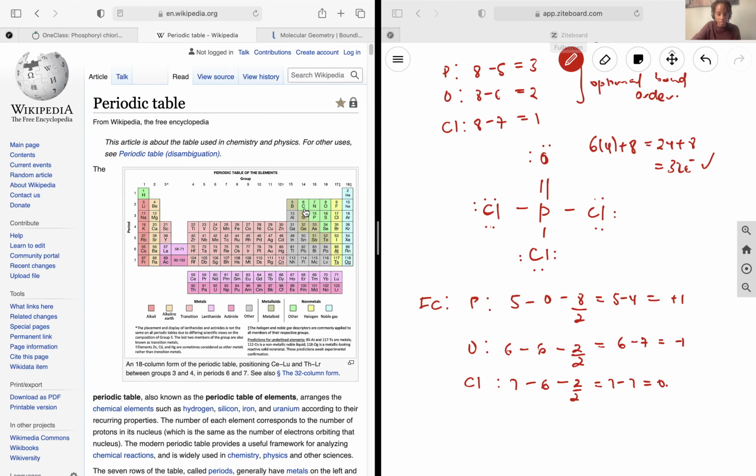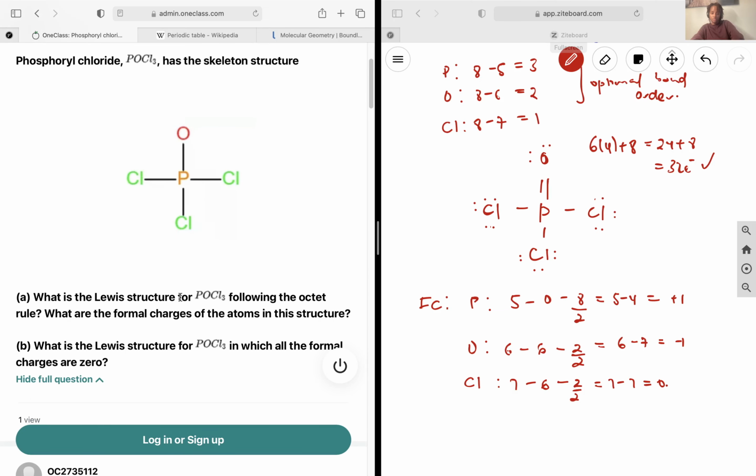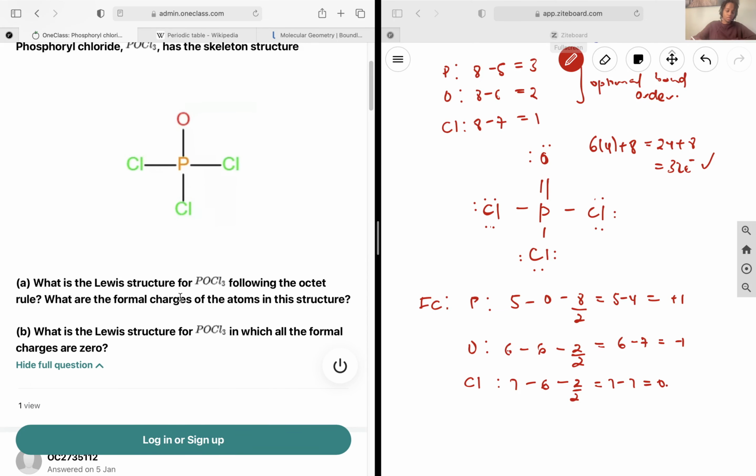If we just check here quickly. No, it technically cannot, but it's what is asked for in the question. For what is the Lewis structure if all the formal charges are 0, this is the structure that would allow all those formal charges to be 0. So it's just a theorized structure.